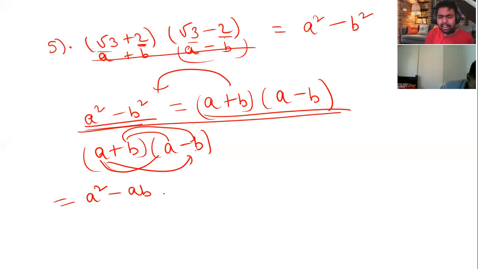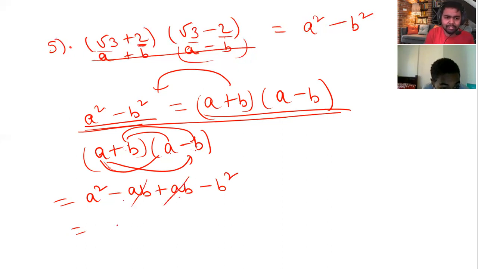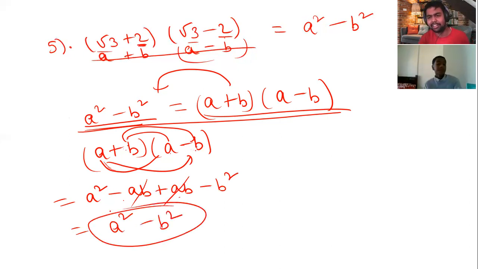And then b multiplied by a gives plus ab. And b and b are multiplied, but here is plus b and here is minus b, so plus minus will make minus, and it gives minus b square. Minus ab and plus ab cancel each other. What are we left with? We are left with a square minus b square. So that is the thing which I'm saying. How can it not be the formula? It is the formula. Are you understanding my point?